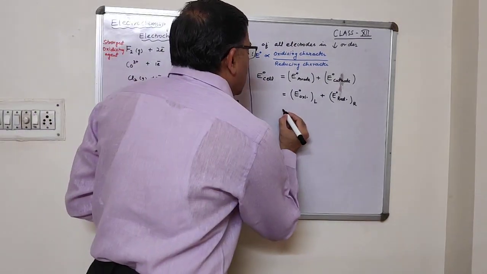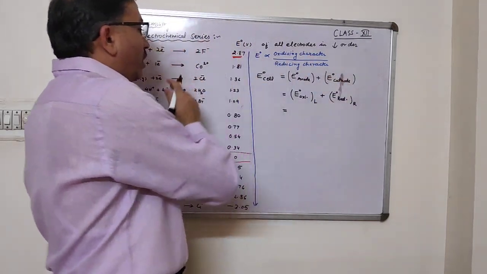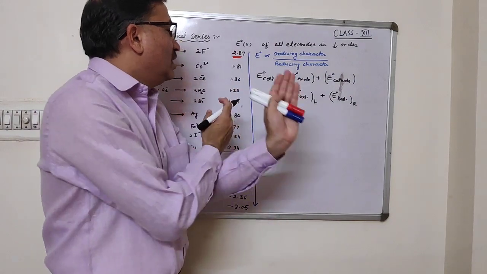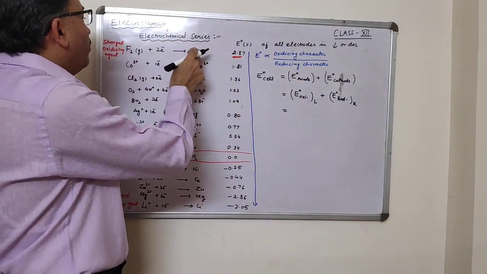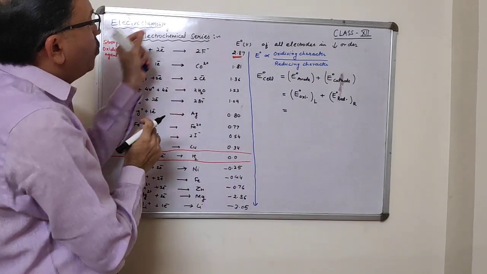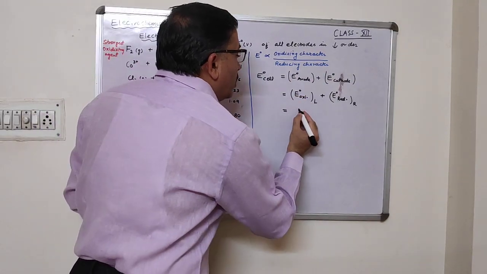Or what I can say, E naught cell, that is oxidation, now I am converting into reduction. If I convert into reduction, what do I have to do? I have to change the sign. Till now, what is happening? F minus is converting to F2, that is oxidation. And if I take F2 converting into F minus, then this oxidation should be converted into reduction.